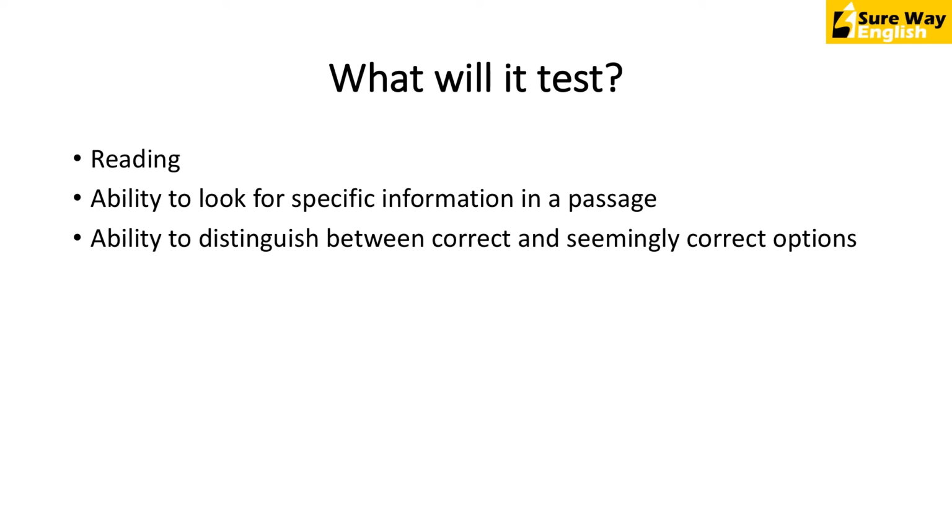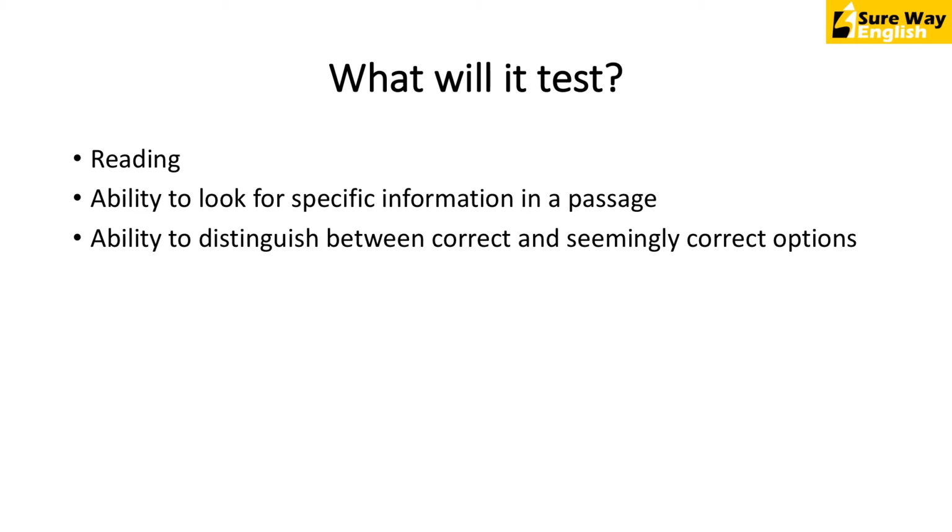Now, the two options, entire population and most of the people, seem to be quite similar if you don't pay attention. But one is correct and one is seemingly correct. So the correct one is most people, because 80% is most, 80% is not entire. Entire would have been 100%.